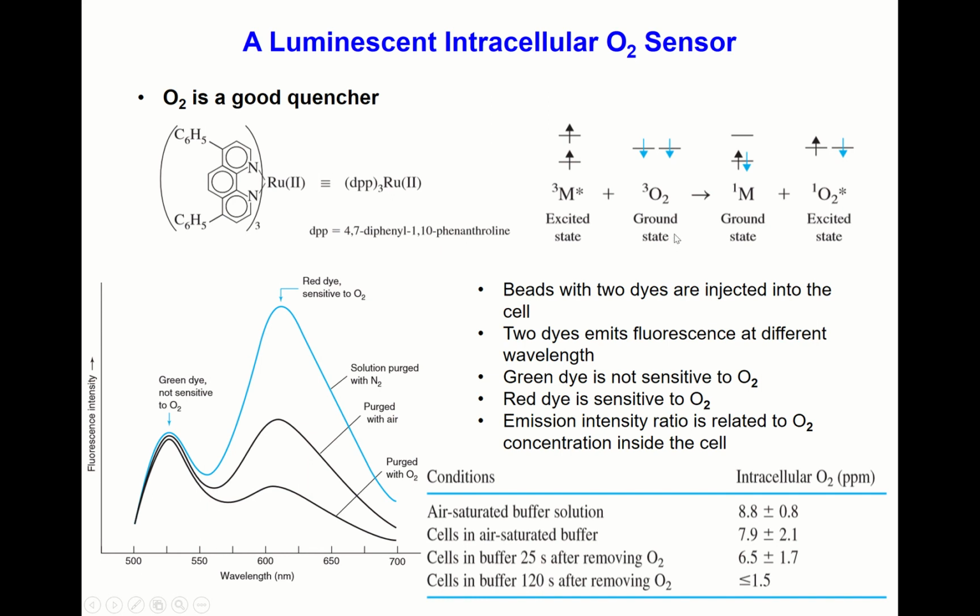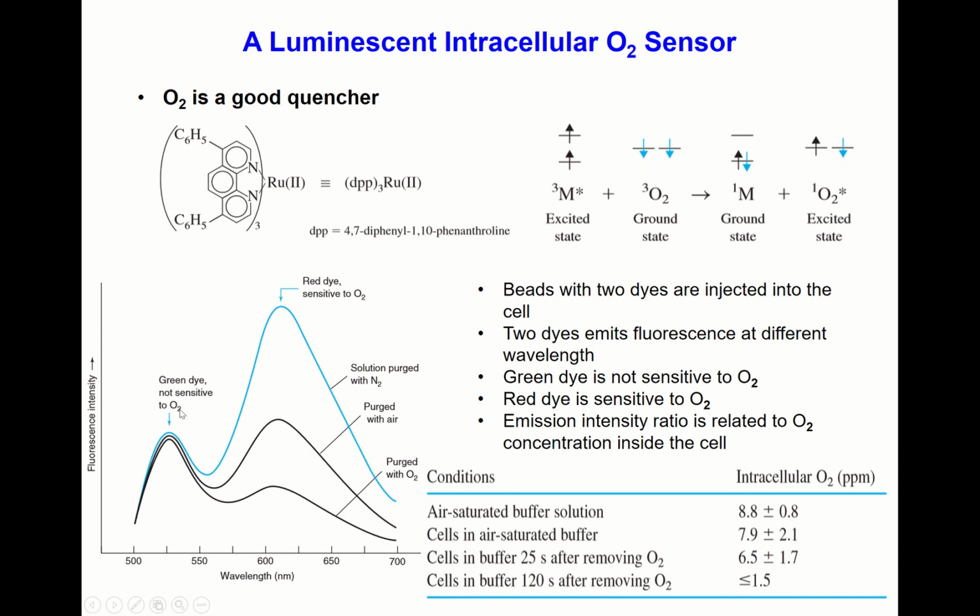What are the molecules? Our textbook does not exactly say about the molecule, but here, look at that. This molecule, a ruthenium complex, is definitely a good fluorescing molecule, and it is very sensitive to oxygen.